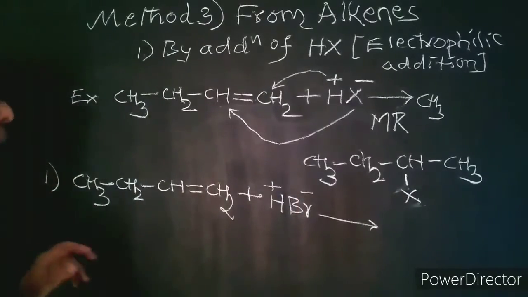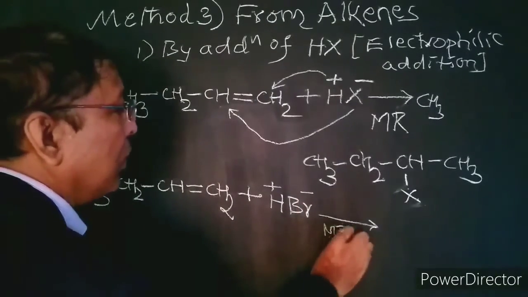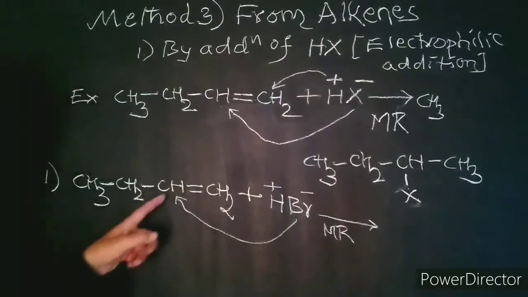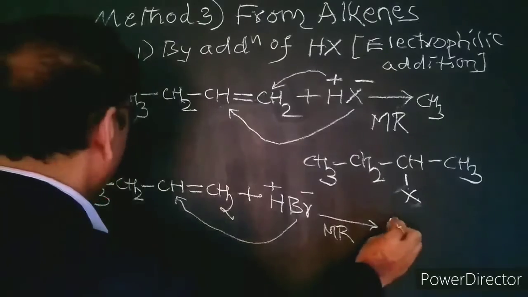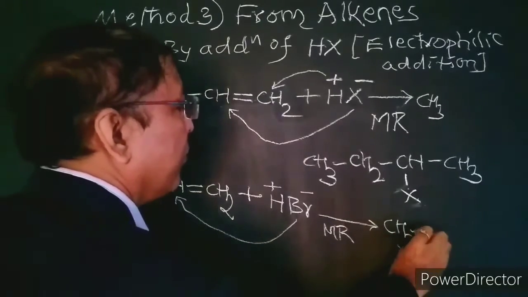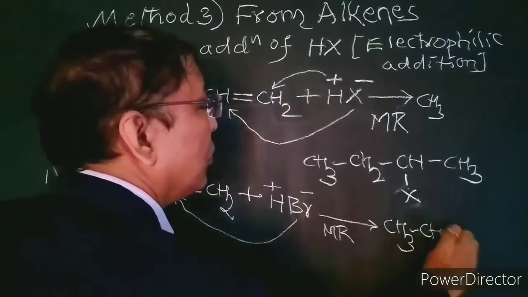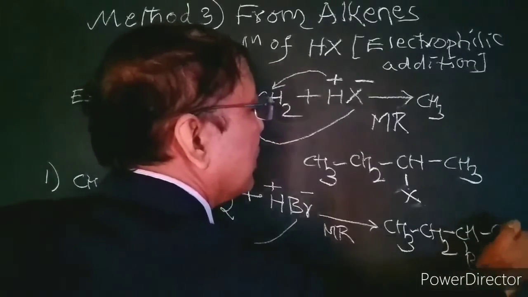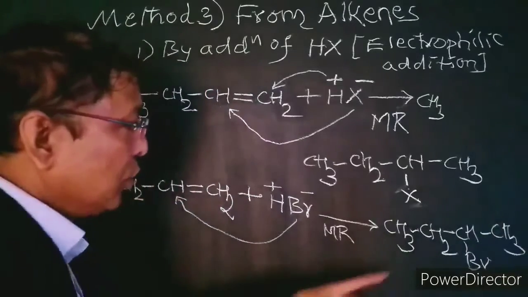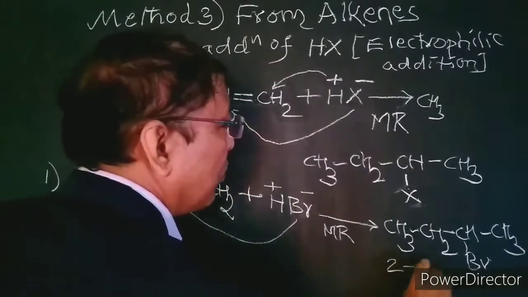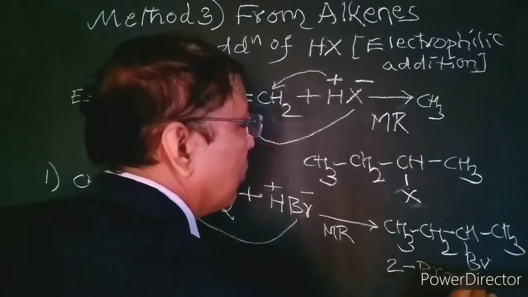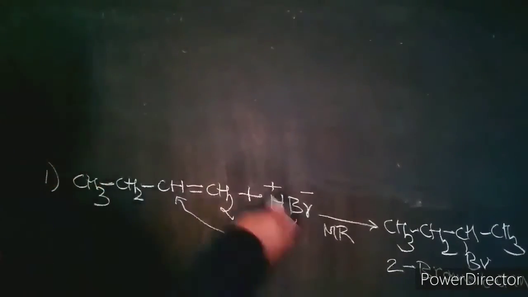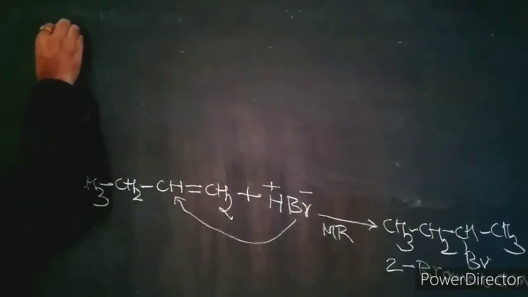According to the MR rule, that is Markovnikov rule, the negative part will go to that carbon which carries less number of hydrogen atoms. Therefore, we get CH3CH2CHBrCH3, that is 2-bromobutane.